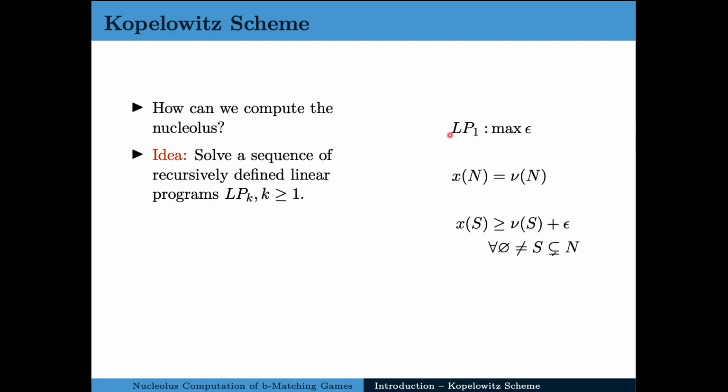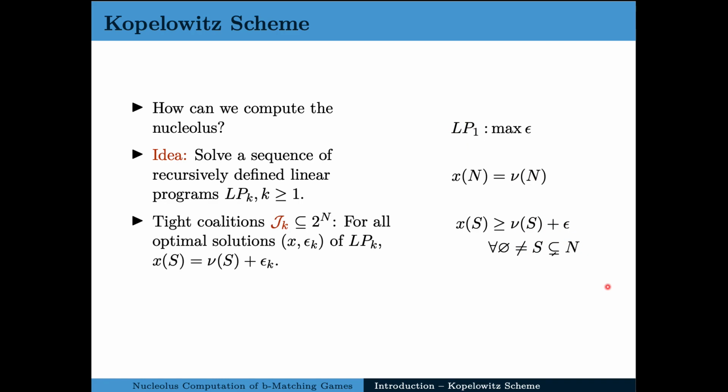We're going to start with LP1, which is the exact copy of the LP we had earlier. And suppose we solved LPk. We say a coalition is tight if for all optimal solutions epsilon_k of LPk, the excess is tight.